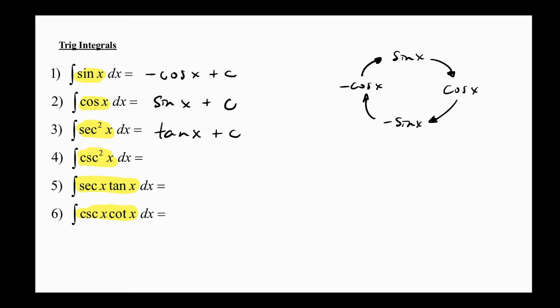Cosecant squared. Where does cosecant squared come from? What was the derivative that gave you cosecant squared? I'll give you a hint. We've used cosine, tangent, and sine. What are left?